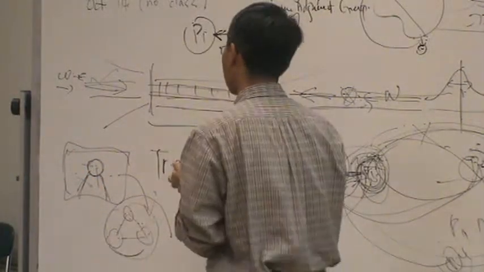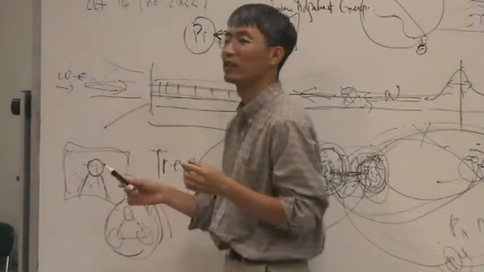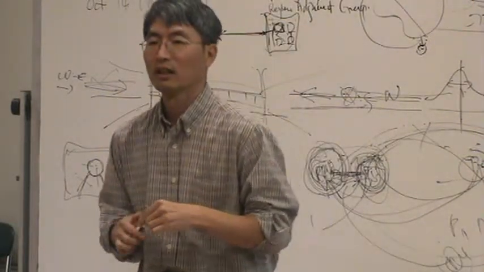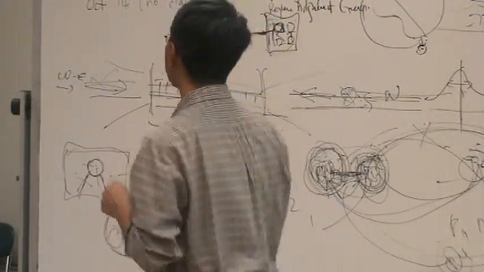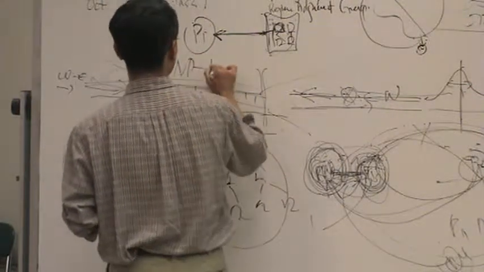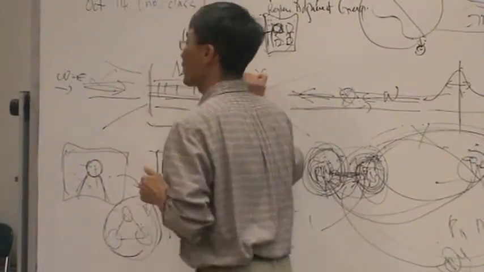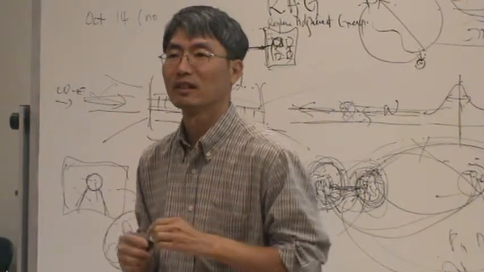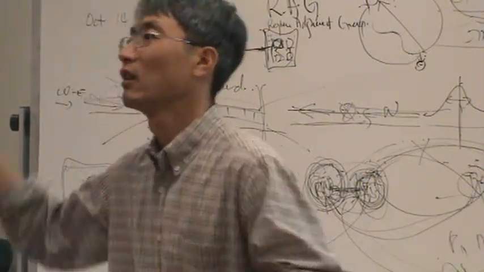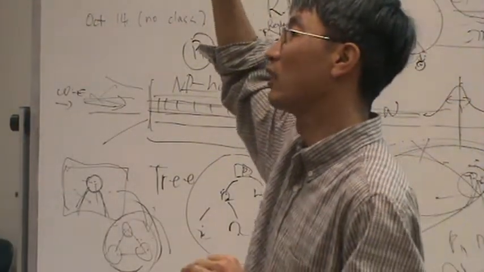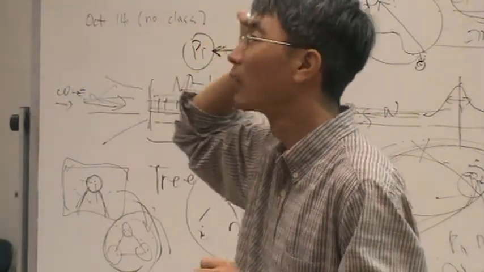The problem of such graph theory is that it's called NP-hard. What does that mean, NP-hard? Any PhD students? No?